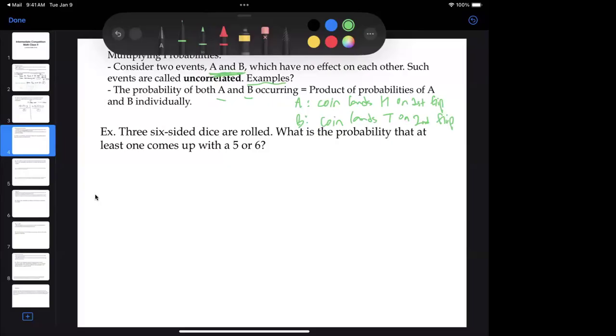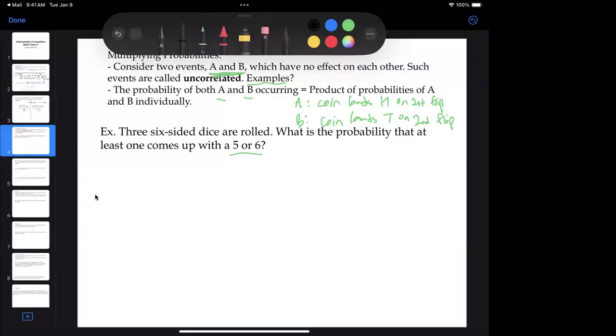All right, so for our example: three 6-sided dice are rolled. What is the probability that at least one comes up with a 5 or 6? The way I'm going to do this is use complementary counting.